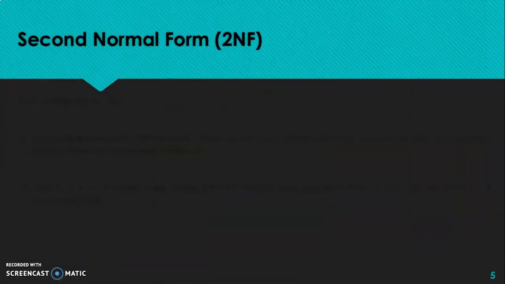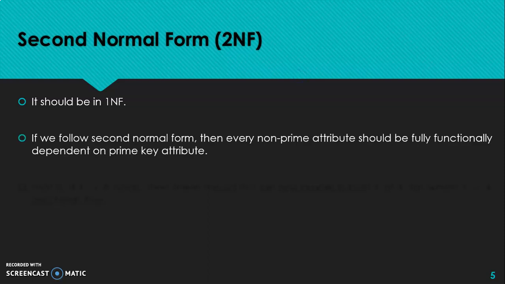Coming to the second normal form, that is 2NF. First it should be in 1NF, so the relation, the table, should be in 1NF. And if we follow the second normal form, then every non-prime attribute should be fully functionally dependent on the primary key attribute.